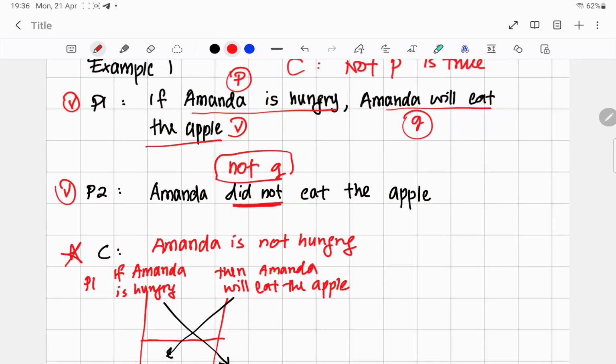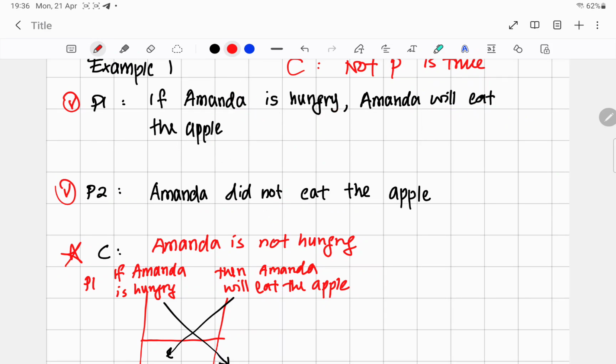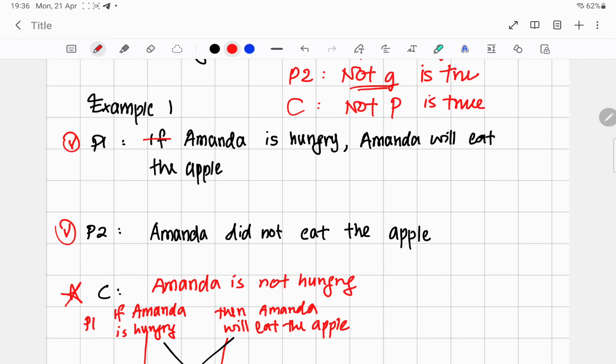If you want to use the cut method, also can. Same thing. If you want to cut, the first thing you should cut is if and then. You have a then here, so cut the word then. So you are left with Amanda is hungry and Amanda will eat apple. Look at premise 2. Premise 2 says did not eat, right? Does your premise 1 here have the word did not? No, right? So you need to negate, make it negative.